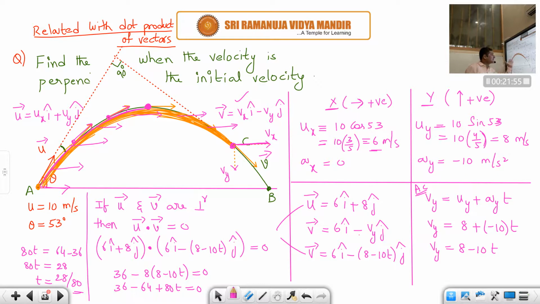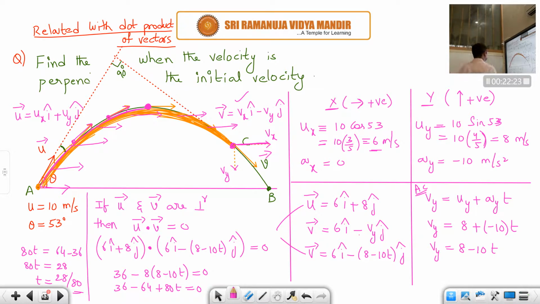Only when the body crosses the highest point, on the other side, there is a possibility that the velocity at a point will make an angle of 90 degrees with the initial velocity vector. And if you take a velocity vector on the other side of the maximum height, it will always have vy negative. So you should be careful.